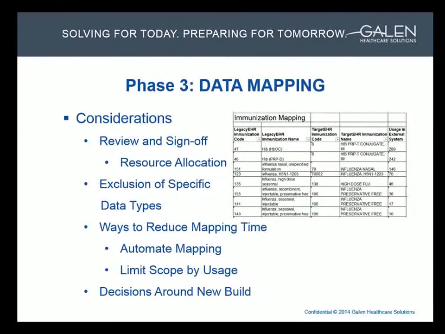Mapping is probably one of the most time-consuming tasks within a conversion. Some organizations may have thousands of results, medications, problems that need to be mapped. One thing that clinical and technical analysts can help with is to find ways to automate this mapping. We can often use universal IDs or patterns within the data to help automate the mapping, such as using RxNorm codes for medications and allergies, or ICD-9 and 10 codes to help map problems.